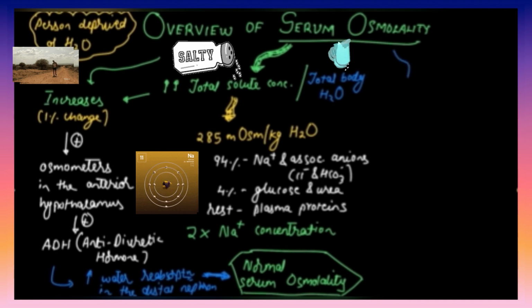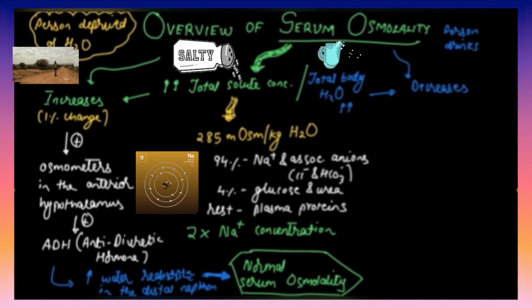But if the total solute concentration remains the same and the person drinks a large amount of water, then again the serum osmolality decreases. If he is deprived of water, then it increases. If he drinks, say, 1 liter of water, then it decreases, as for example in a party with alcohol.